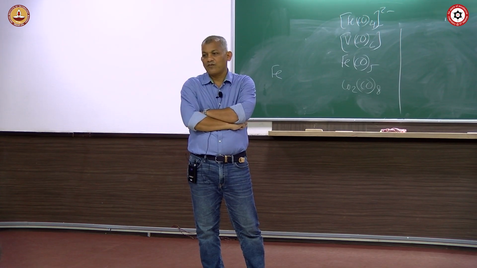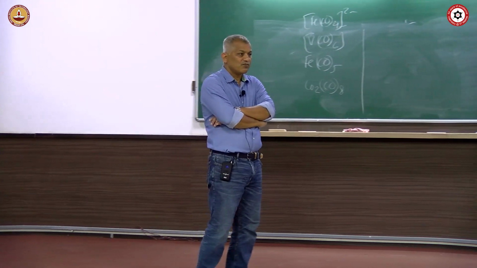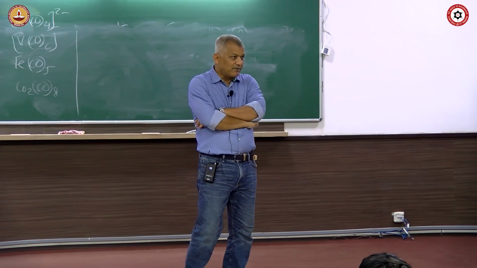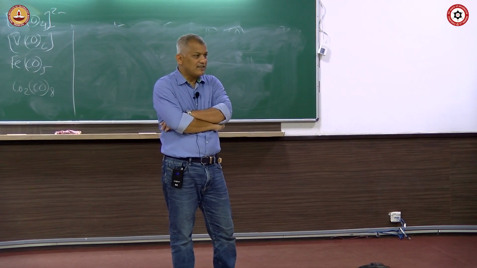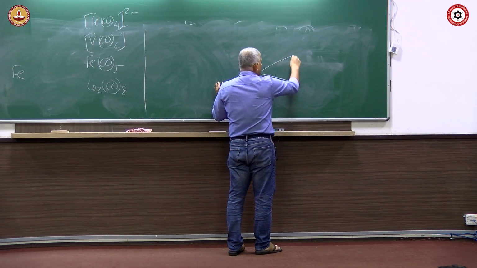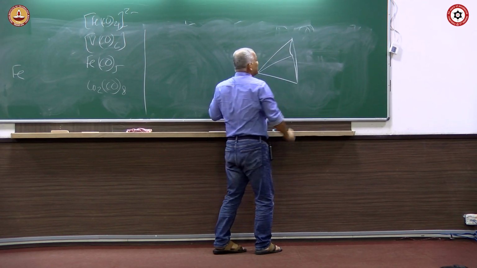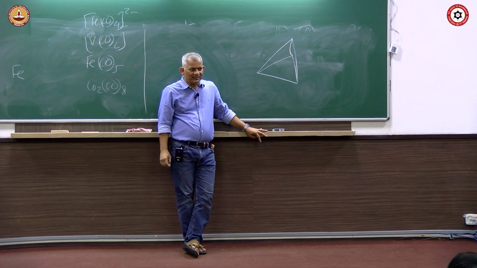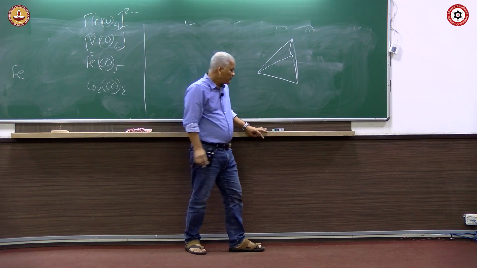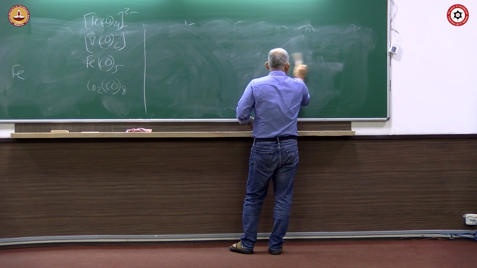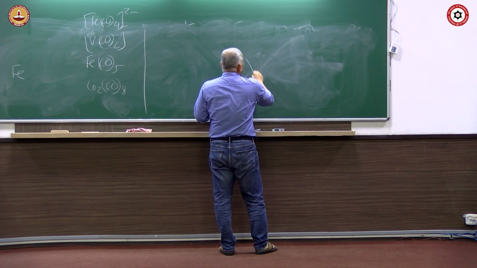There is one more. Trigonal pyramid? Tetrahedral and trigonal pyramid are almost the same, no? So what is the other one?